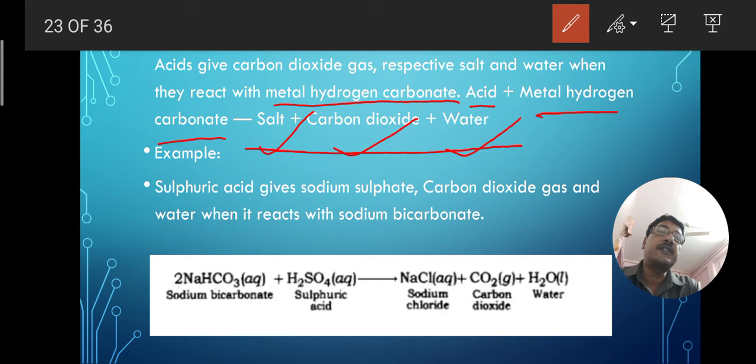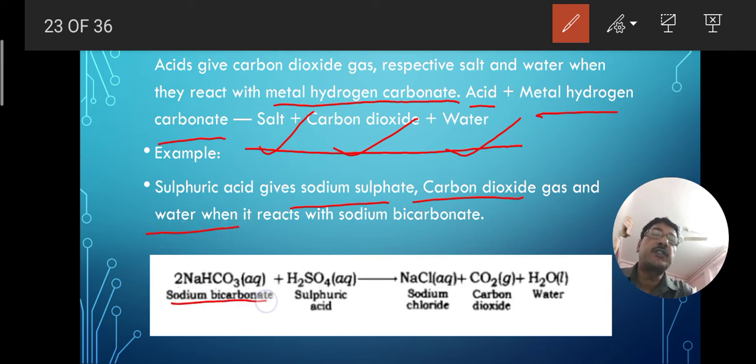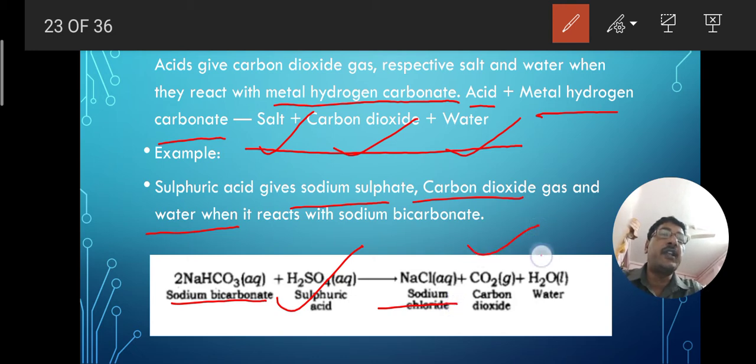So here sulfuric acid gives sodium sulfate, carbon dioxide gas and water. As it is mentioned here, it is sodium hydrogen carbonate. Sodium hydrogen carbonate reacting with the acid gives the salt, sodium chloride, and carbon dioxide as well as water. There is no change.